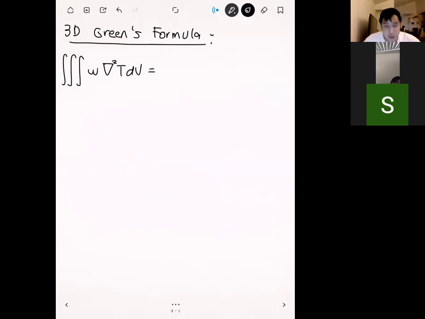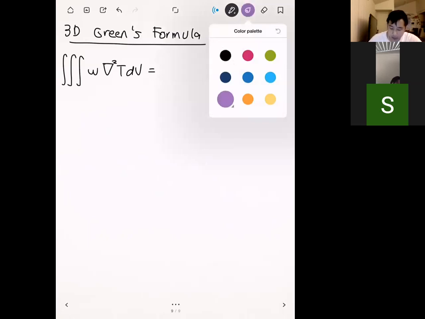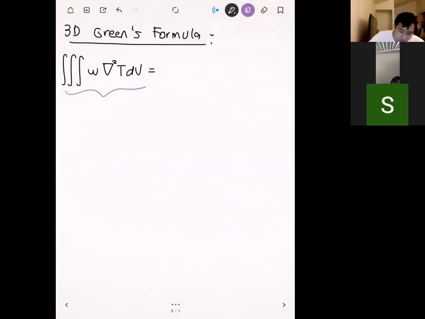Then to that, we're going to multiply the Laplacian of T. T right there is going to be our solution variable. And so on the left right here, you can see the same conundrum that we had before, where this term has an unbalanced derivative.